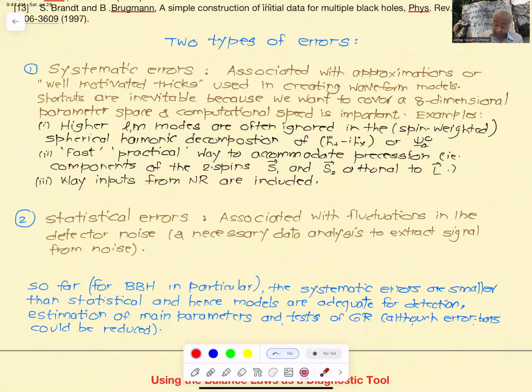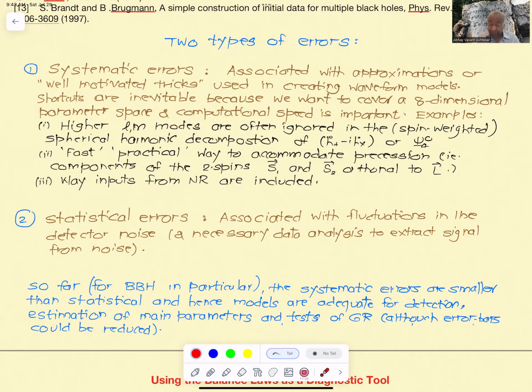So systematic errors are associated with approximations or well-motivated tricks used in creating the waveform models. Shortcuts are inevitable because we want to cover an 8-dimensional parameter space, and computational speed is also important because anytime a signal comes in, one really has to sweep through this bank of several 100,000 waveforms to find out the one with which the observations actually match well.